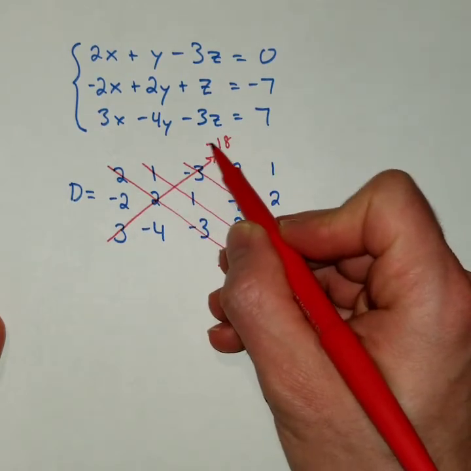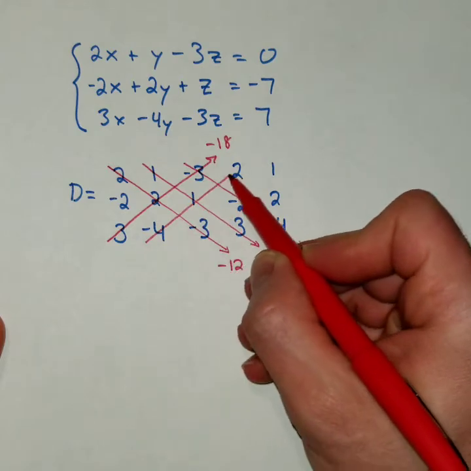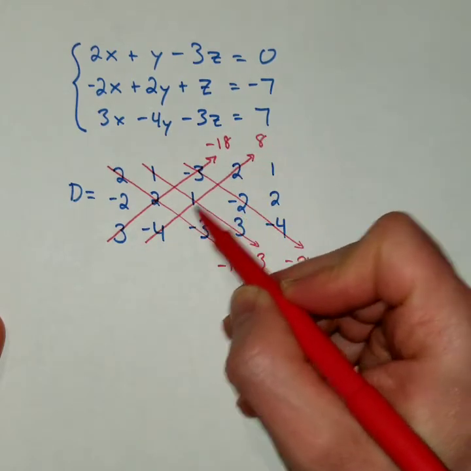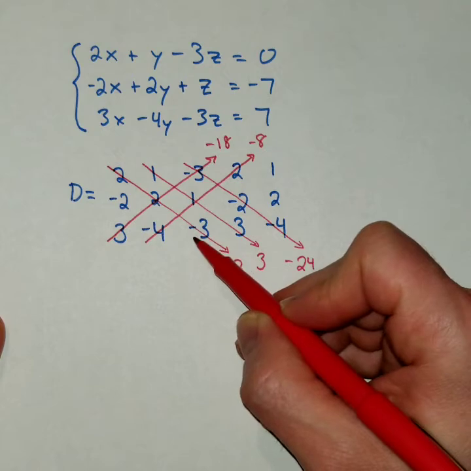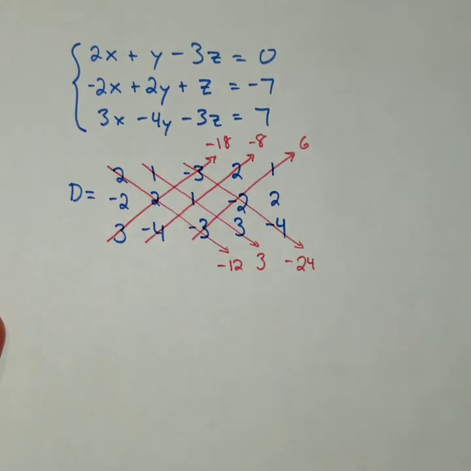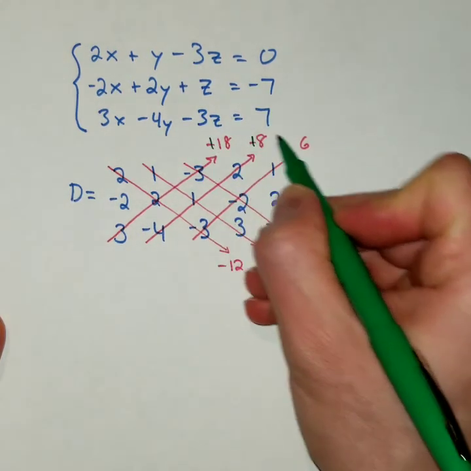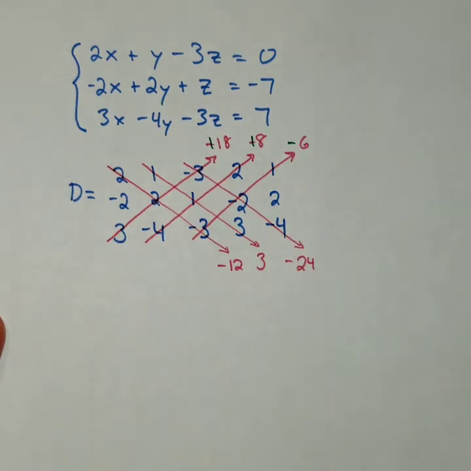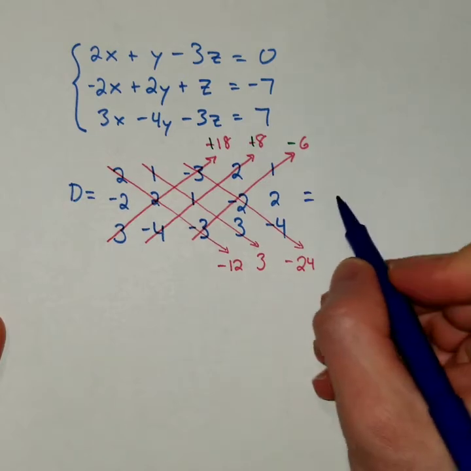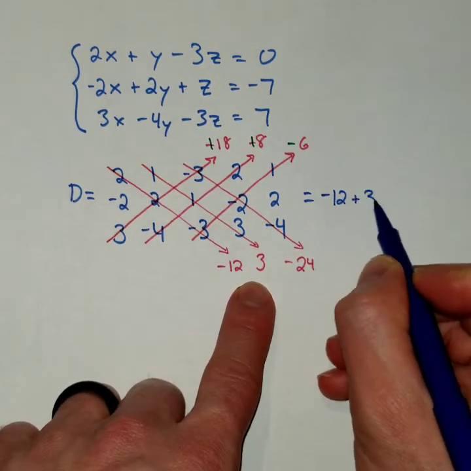And 1 negative. 4 times 1 times 2 is 8. Again, 1 negative. 3 times 2 times 1 is 6. It has 2 negatives. But then I need to go through and change all the signs on top. So plus, plus, minus.